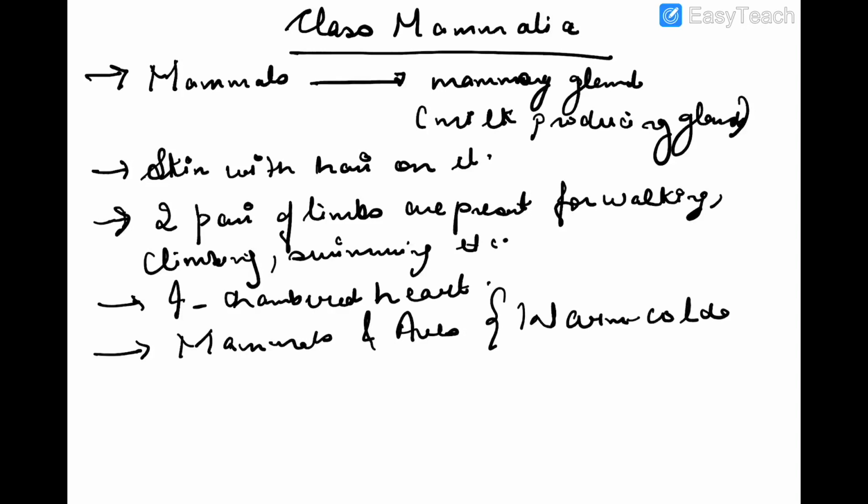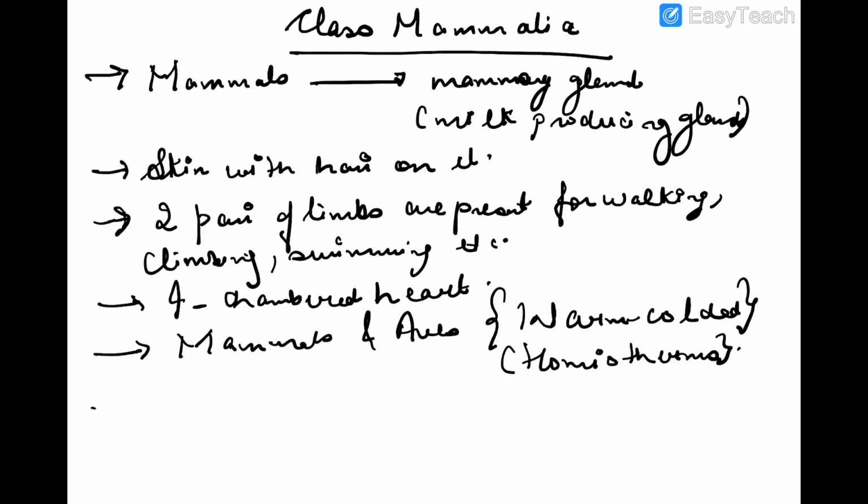Rest all classes are cold-blooded except mammals and aves, which are warm-blooded. Warm-blooded is known as homeotherms, which means that mammals as well as birds can maintain a constant body temperature.